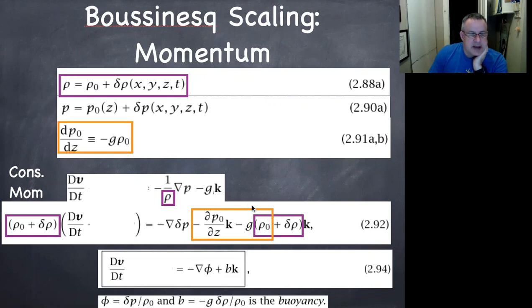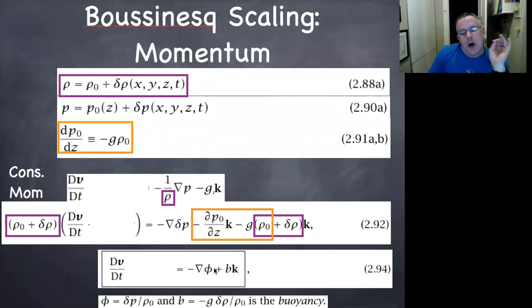This orange box cancels out and goes to 0. So the only thing that drives the deviations in pressure, and apparently the deviations in pressure are the only thing that drive the velocity, is this variation in gravity, which is precisely the buoyancy. So the accelerations are driven by the buoyancy plus the gradient of the leftover bit of pressure, the pressure once you remove the hydrostatic part of the pressure.